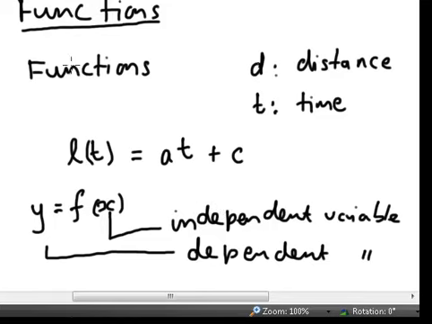Then, of course, we've given this example of functions, but this one we're just using parameters a, t, and c. Let's look at a particular example.